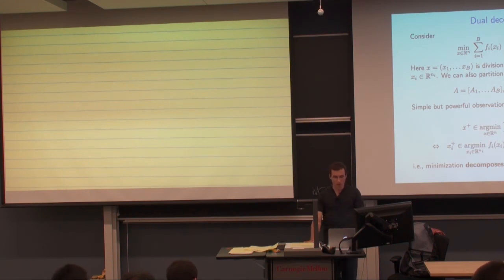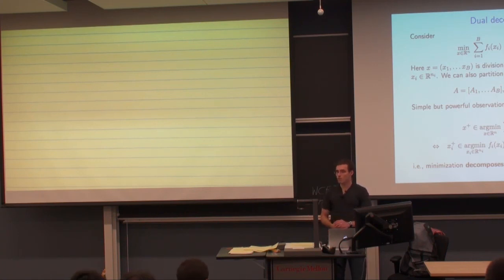If I have a problem that decomposes into blocks of variables, minimizing the sum of f_i of x_i for a block of variables x_i, subject to the constraint Ax equals b, then it actually decomposes in the dual. If I didn't have this constraint in the primal, I could solve it over every block of variables separately. But this is a complicating constraint. It ties all the variables together. But in the dual, it actually separates nicely.